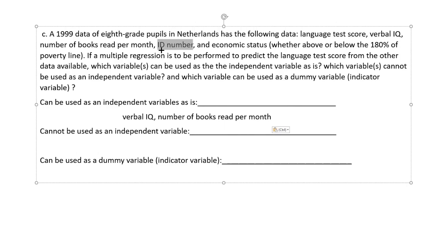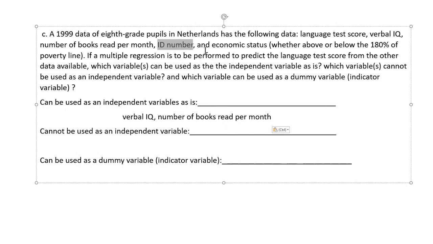If it does come up significant somehow, then either there's some method used in assigning the ID number that made that happen, which usually is not the case, or it could just be some correlation that happened by chance.